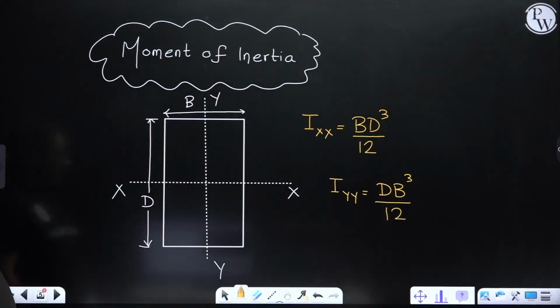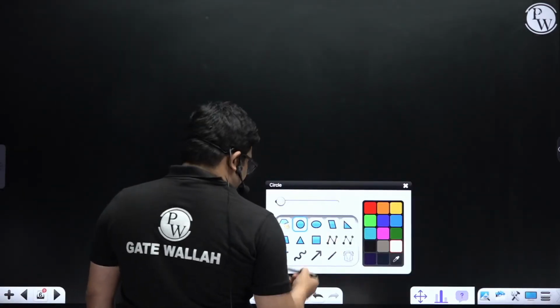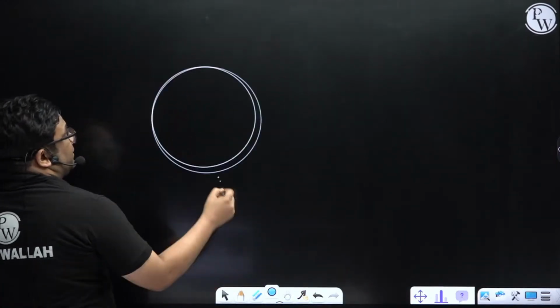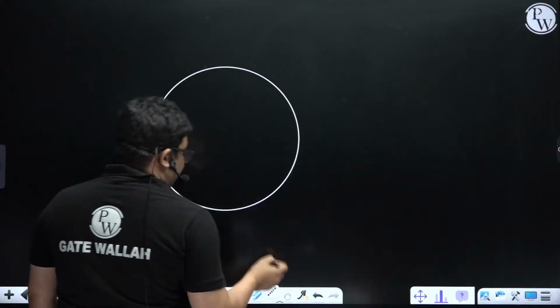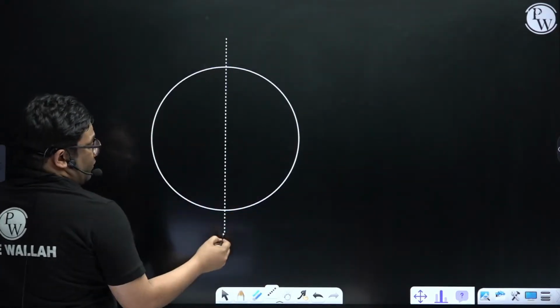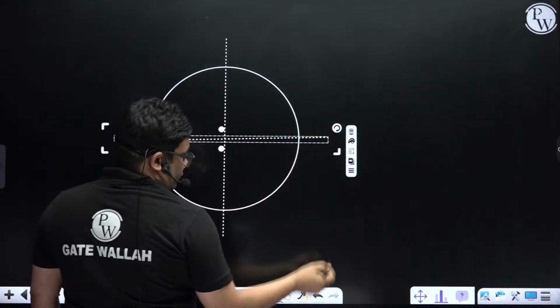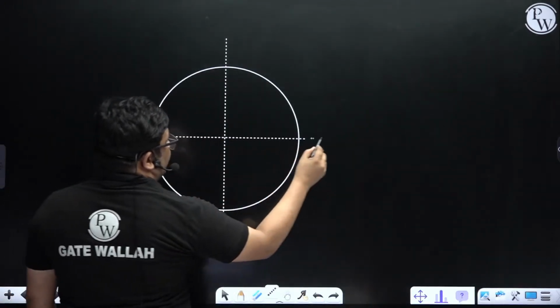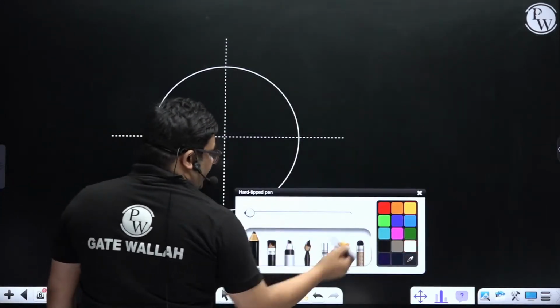Now, if we have a circle, a circle is symmetrical about both axes, y-y as well as x-x.